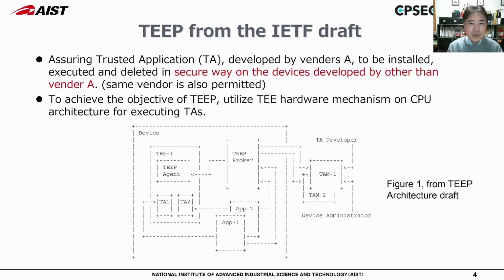This is the chart from the TEEP architecture draft discussed at IETF. IETF is the Internet Engineering Task Force, typically known for defining UDP, TCP, HTTP, and many other internet protocols. Now it's getting famous with the QUIC protocol and starting to define HTTP/3. And recently DNS over TLS, DNS over HTTP, and so on.